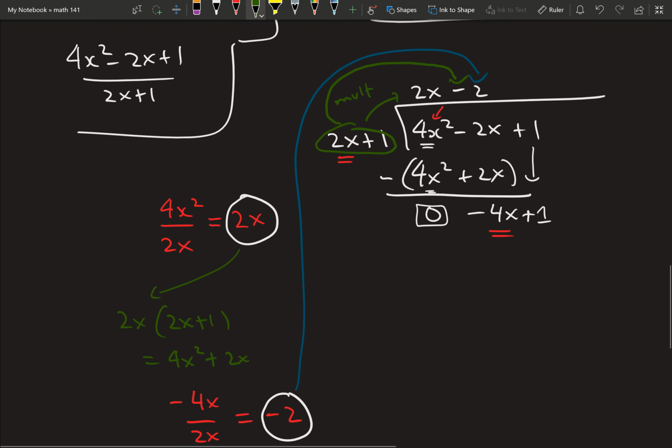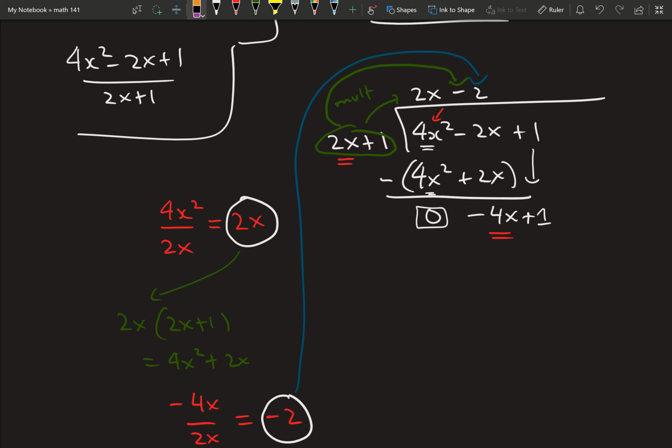And I place that underneath our new lead term here. So negative 4x minus 2. I subtract the top from the bottom. And again, the lead term will always disappear here, because you have negative 4x plus 4x, which is 0. And then I have 1 plus 2, which is positive 3.